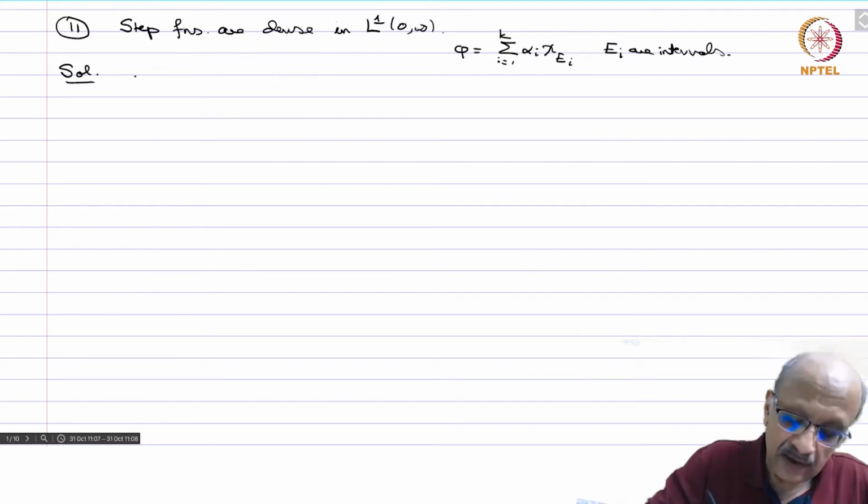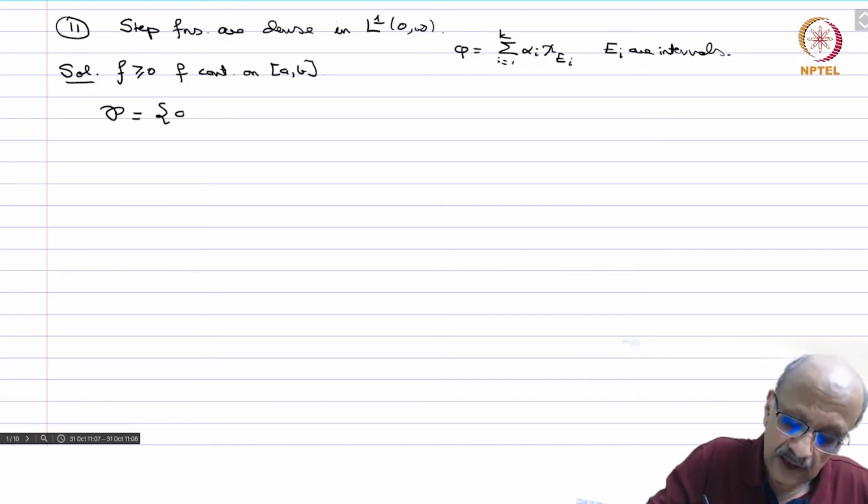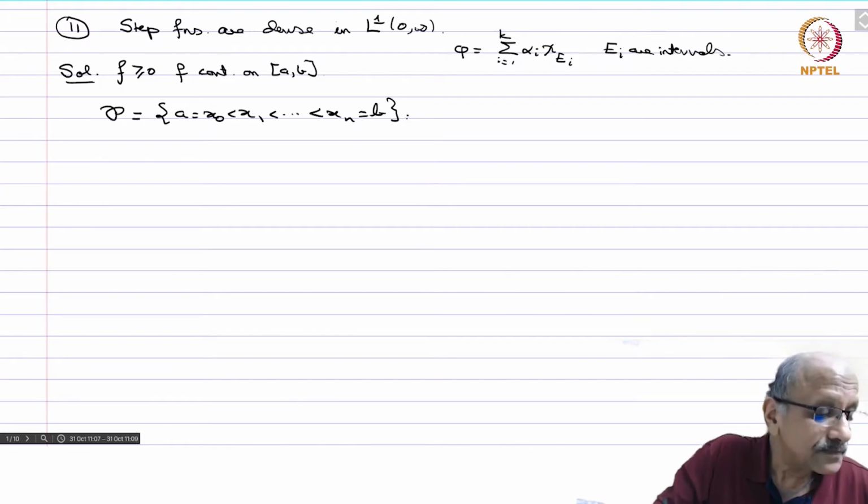So solution. Let us take f non-negative, f continuous on [a, b]. So we are taking a fixed finite interval. Then you take a partition P of this interval. So a equals x_0 less than x_1, etc., less than x_n equal to b.